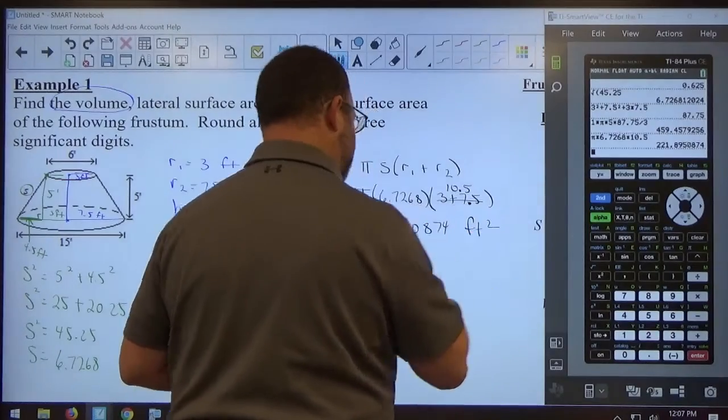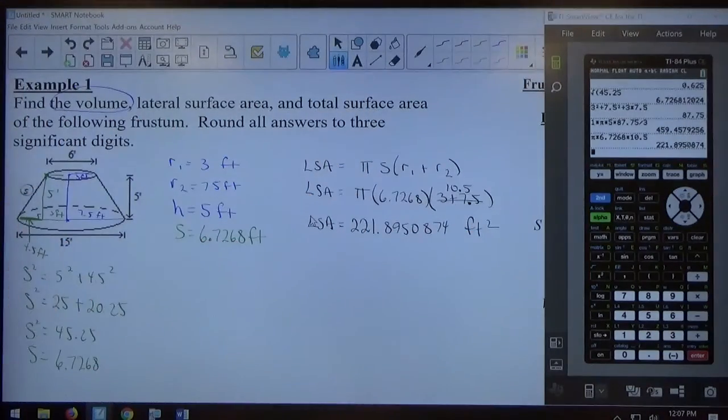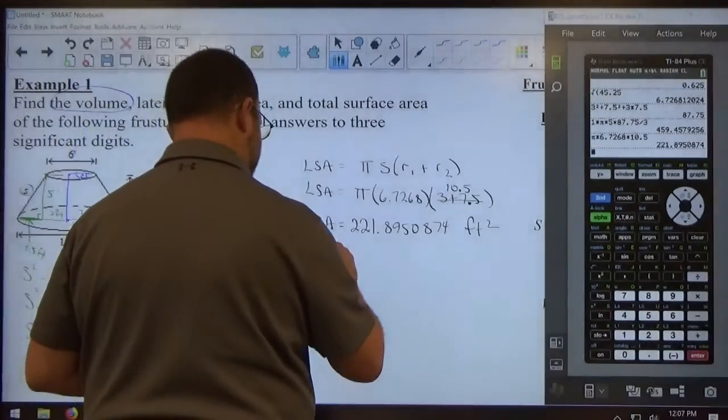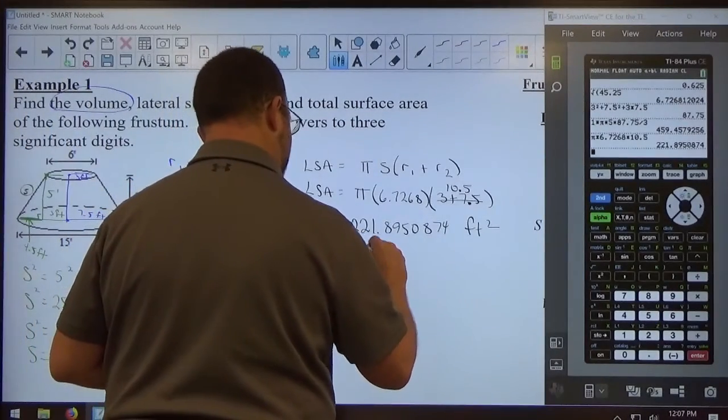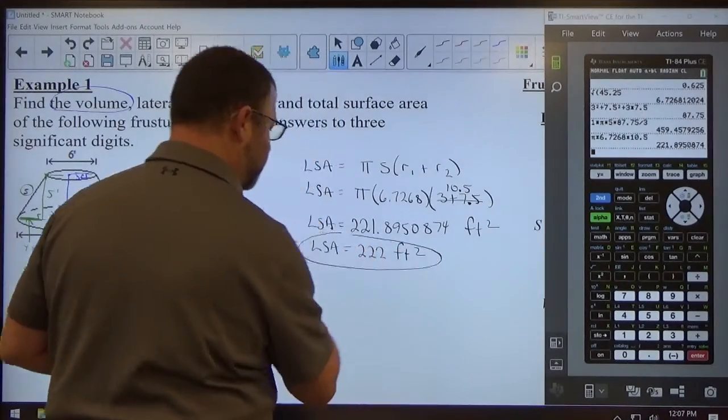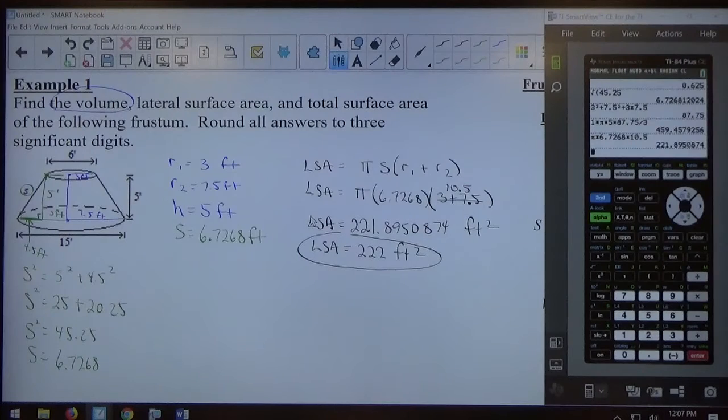That's going to be square feet. And again, I want 3 significant digits. This number rounds to 222. All 3 numbers are significant, so there are no zeros. So that'd be the 3 significant digit answer for that one.